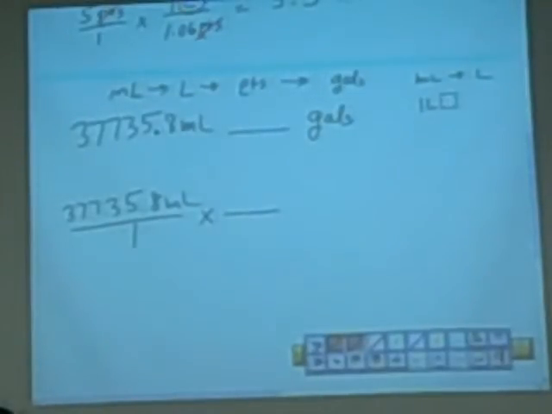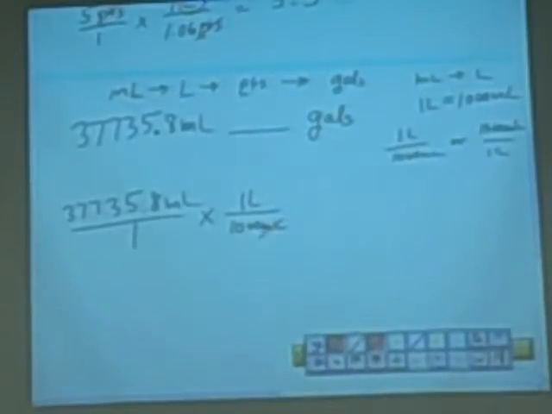Good. 1 liter equals 1,000 milliliters, right? So that's 1 liter over 1,000 milliliters, or 1,000 milliliters over 1 liter. So we're going to put the 1,000 milliliters in the denominator and 1 liter in the numerator.